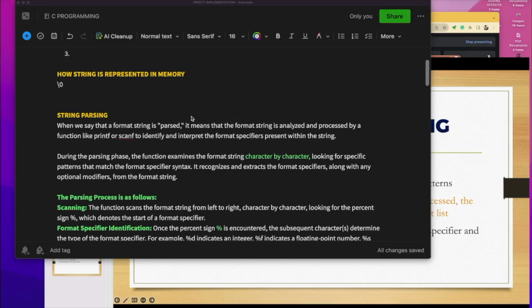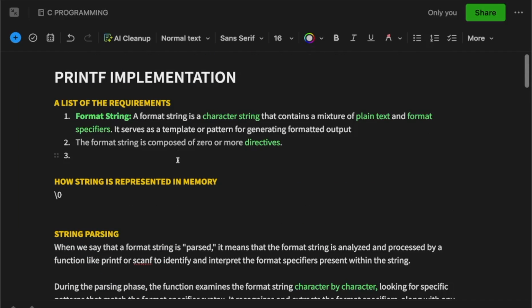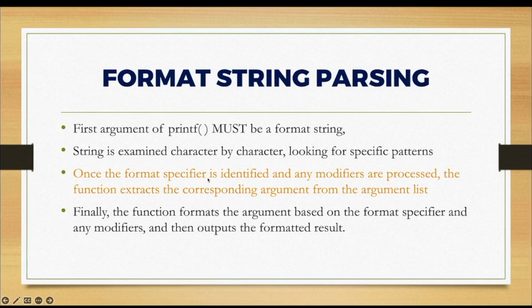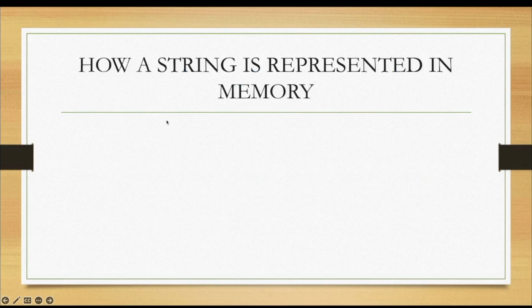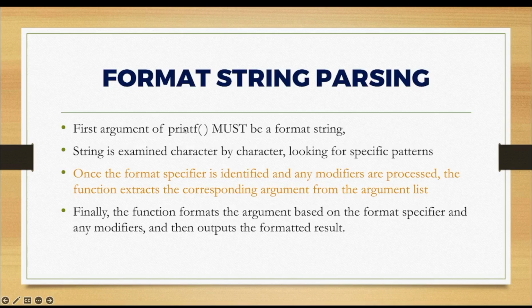I'm just going to go into my notes, and then into the sketchboard, to see if we can see the code today. Let me read a few things in this slide for you. The first argument of the printf function has to be a format string, right? Then the string is examined character by character, looking for specific patterns.